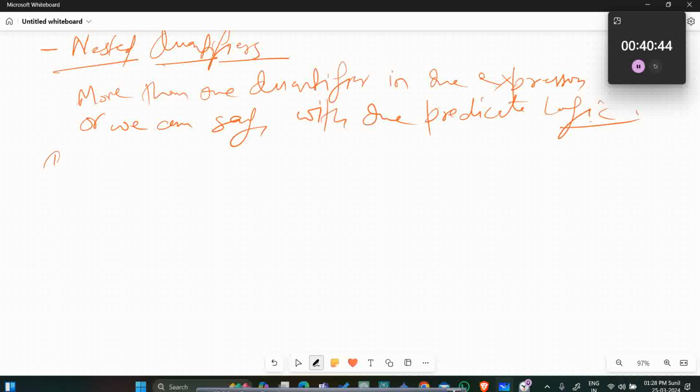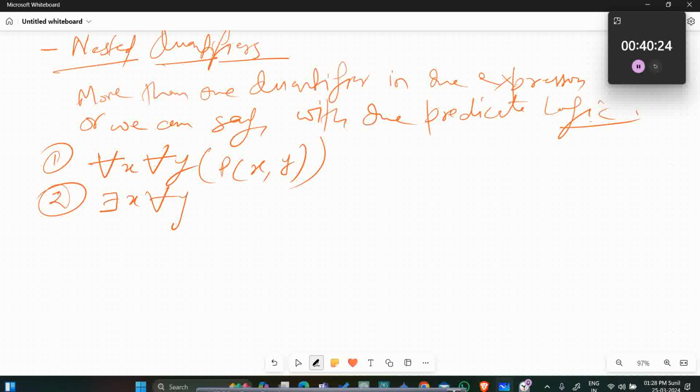The first example would be for all x and for all y, p(x, y). Second, there exists some x for all y for which p(x, y) is true. How do we read this? There exists some x for all y's where p(x, y) is true.